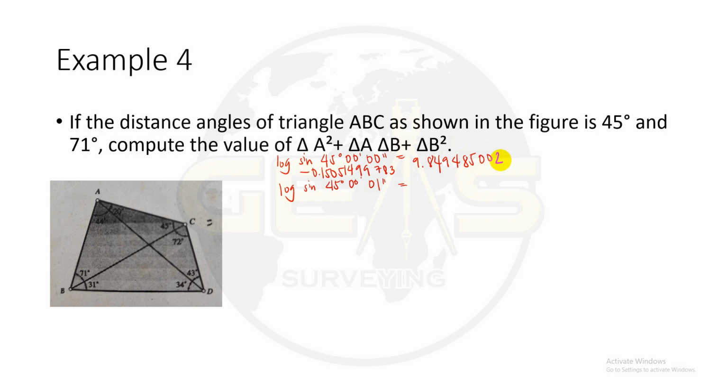So in order to equate to 0.150 we will minus the whole number 10 instead of adding it, so that the values are the same. Okay, so let's try for the 45 degrees 0 minute and 1 second.